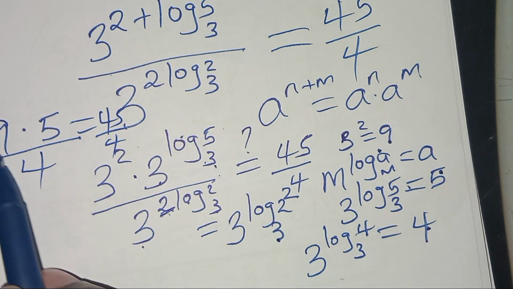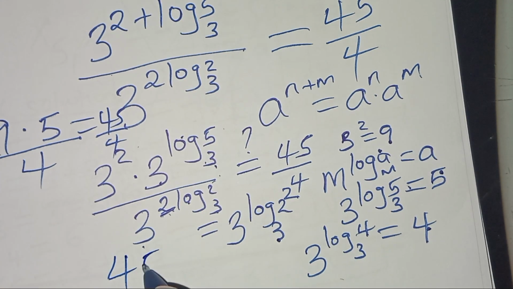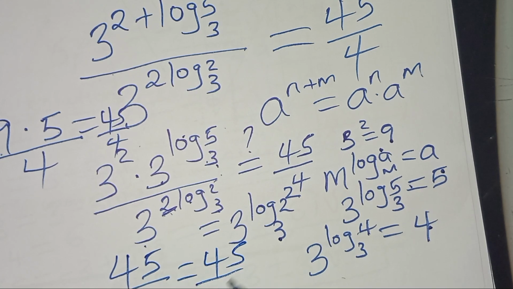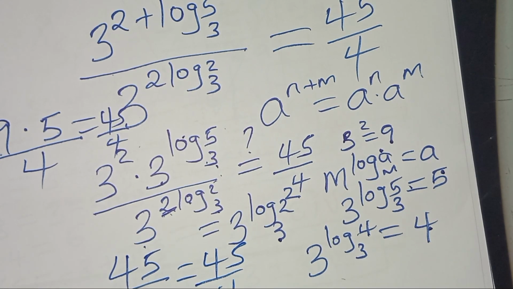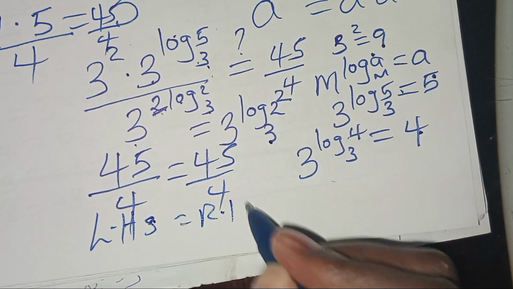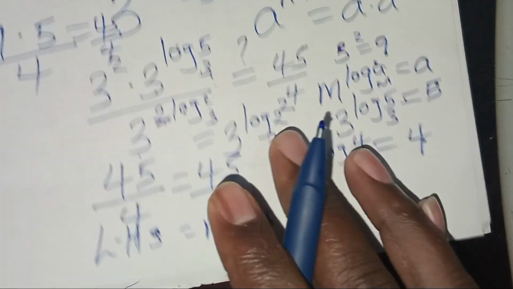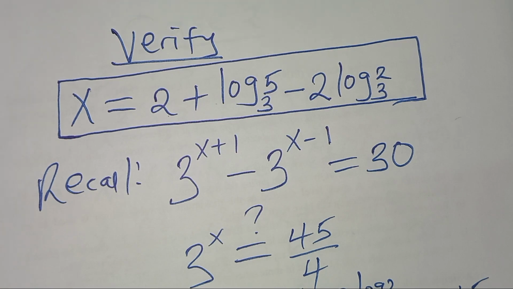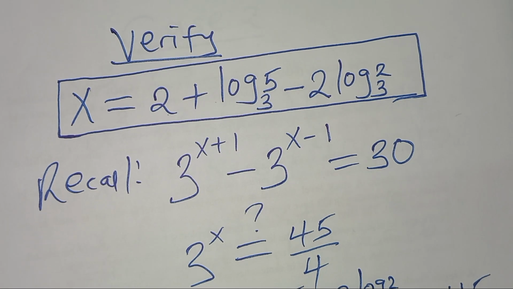So it's true here, 9 times 5 is actually 45, divided by 4, which is equal to 45 divided by 4. So that means that the left-hand side is equal to the right-hand side. And that actually affirms that the value of x, which is 2 plus log 5 to base 3 subtract 2 log 2 to base 3, actually satisfies the equation.